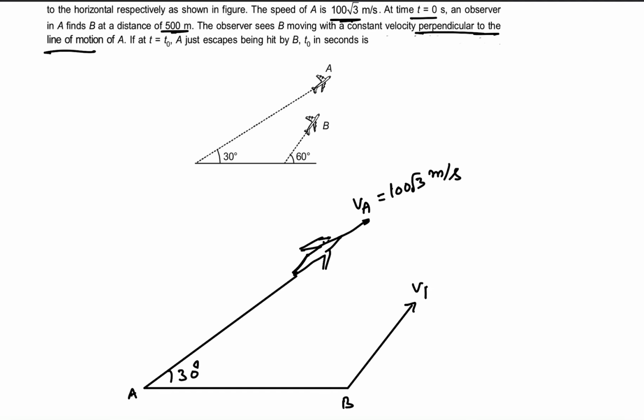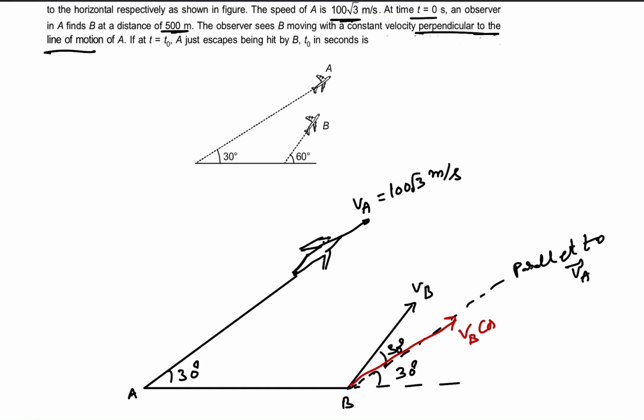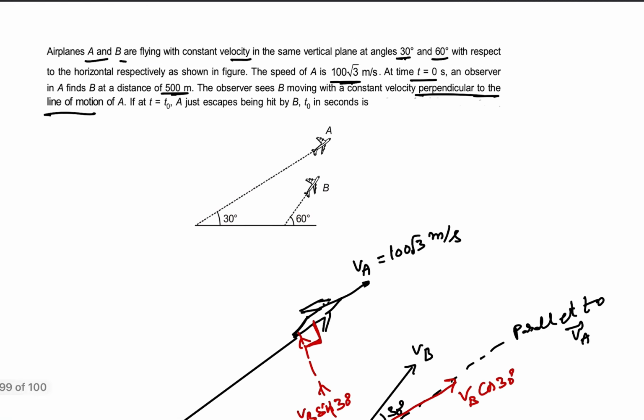This is A. B is moving like this. This is the velocity of B. Now we can see B is making an angle of 60 degrees. That's why I am writing a line parallel to VA bar. I have written this is 30 degrees and 30 degrees. Now I can write the component parallel to VA bar as VB cos 30 degrees, and perpendicular to VA bar as VB sin 30 degrees.